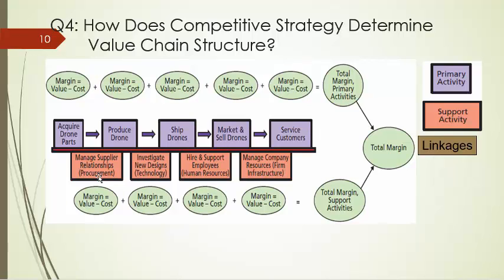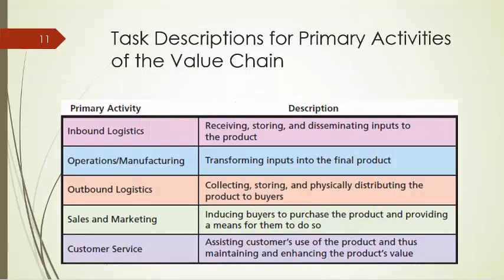So in this slide, we have a summary of the primary activities in the value chain. When we're getting the items that we need to produce our drone, that would be our inbound logistics, since that means how do we receive, store, and disseminate those inputs to the product.